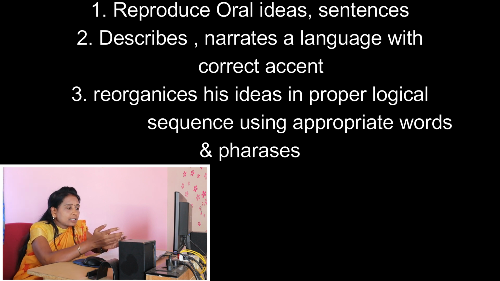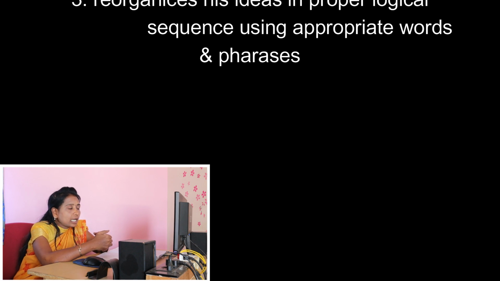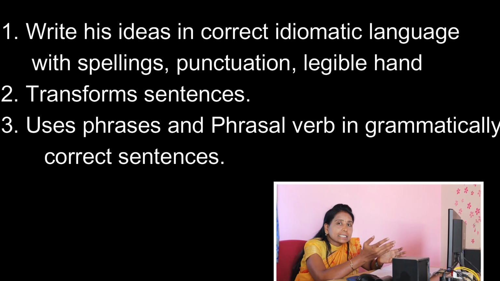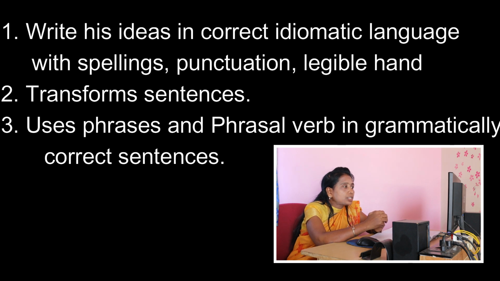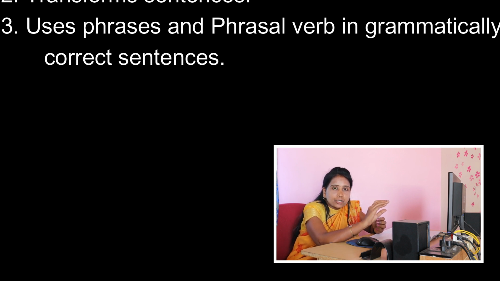These all come under oral expression. And later written expression: the child should transform sentences and use phrases and phrasal verbs in his own sentences. These are the expressions of written.